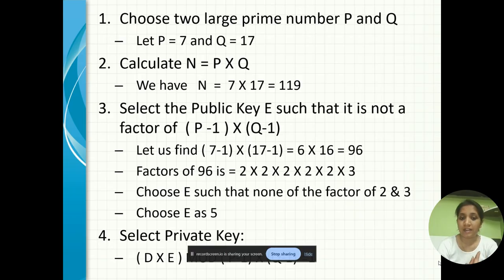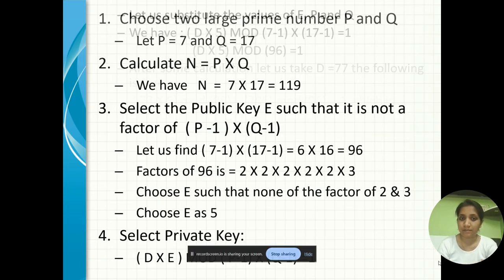The factors of 96 are 2 into 2 into 2 into 2 into 2 into 3. Choose e such that it has none of the factors 2 and 3. Choose e as 5.